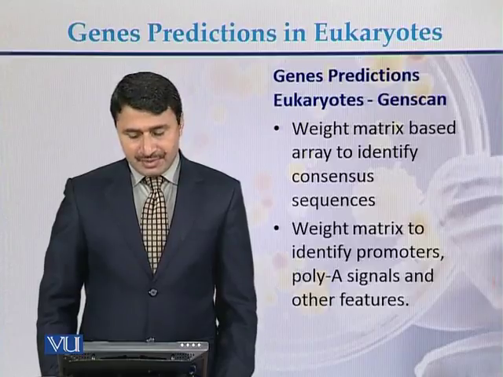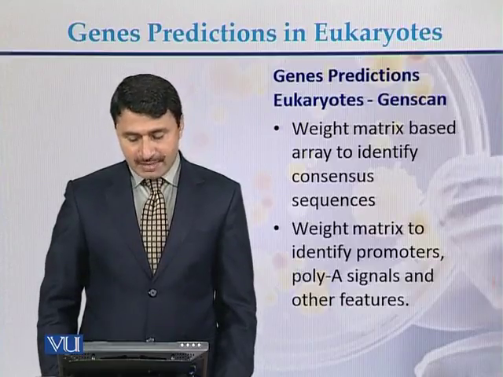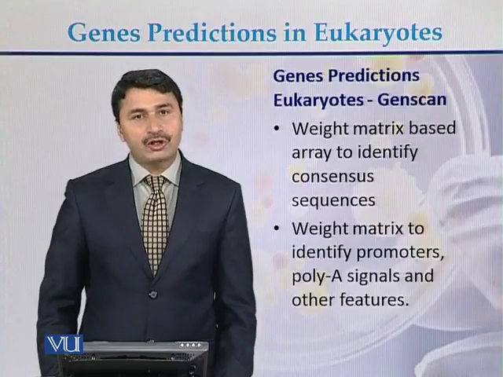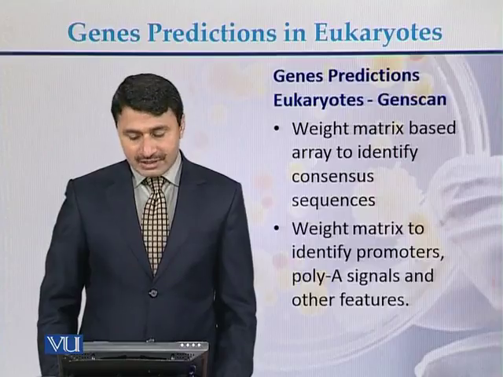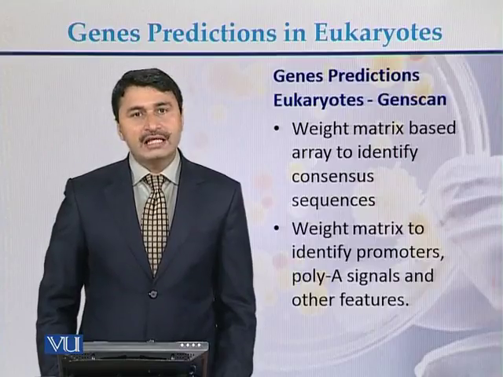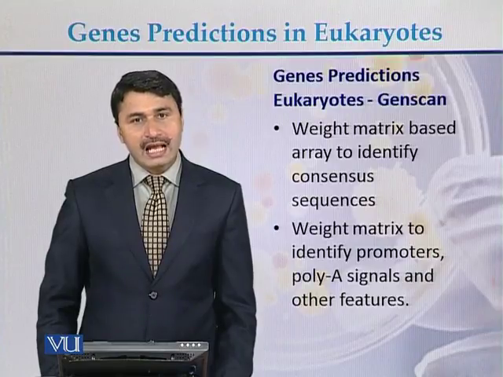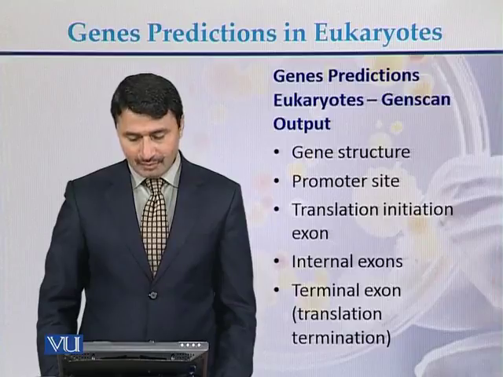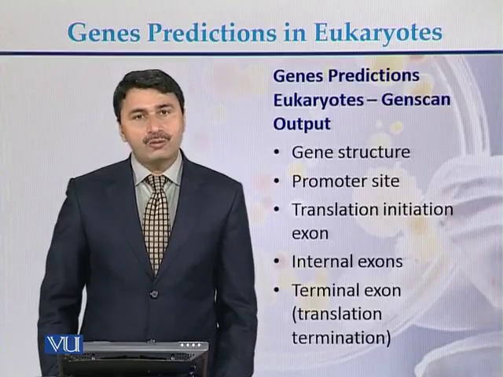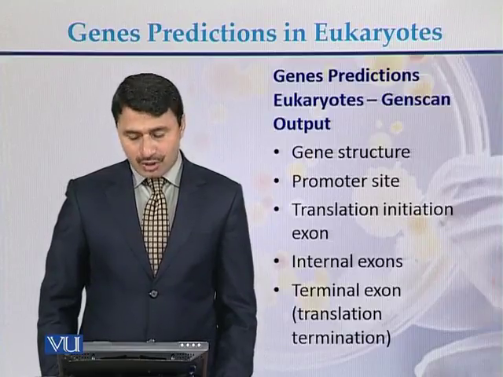A weight matrix based array is used to identify consensus sequences, and a weight matrix to identify promoter and poly A signals and other features. This means that with the help of Genscan, it also scans for the promoter sequences as well as poly A tail sequences. What are the outputs of the Genscan tool?